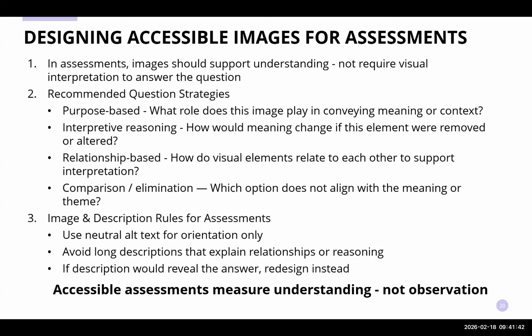It's actually assessing observation. So to avoid this, it helps to focus on the purpose of the question and the relationships in the visuals rather than every visible detail. The alternative text should be neutral, giving just enough orientation, like "historical painting showing a military scene" or "stage diagram with performers positioned across set," without explaining the analysis or revealing the answer.